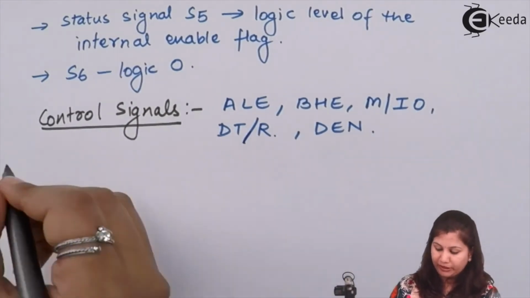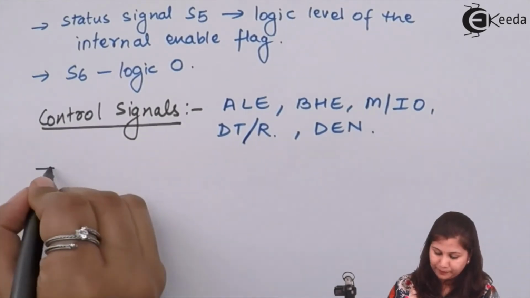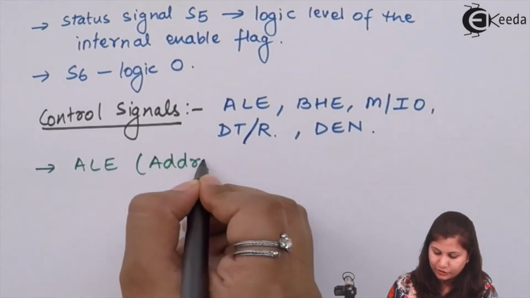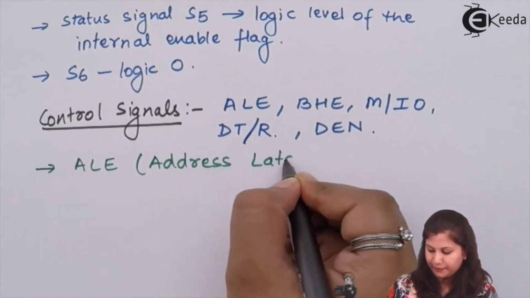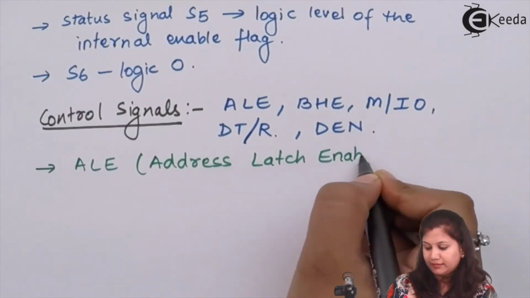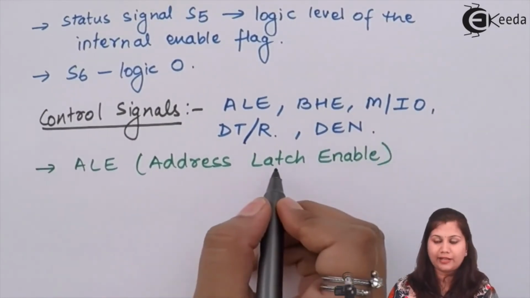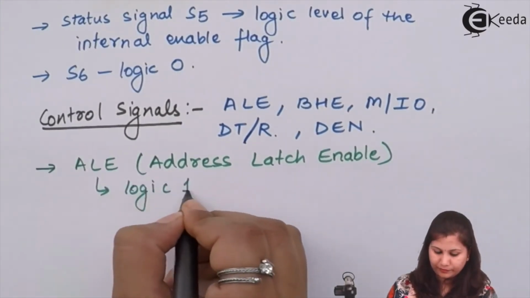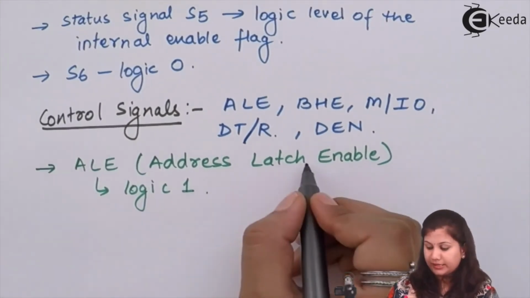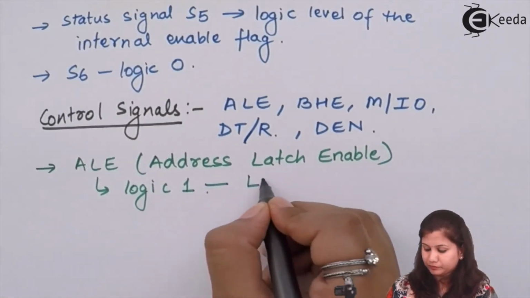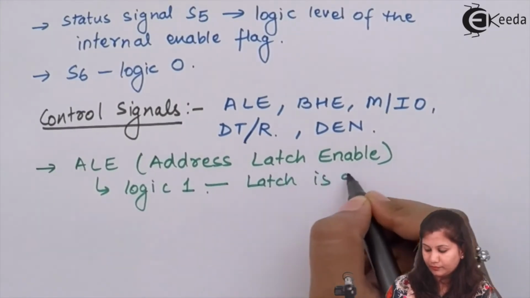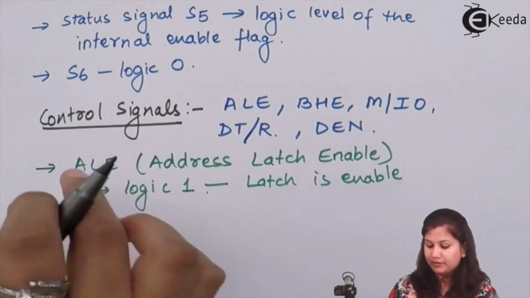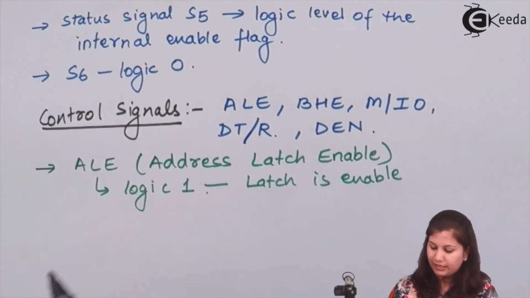First we will study about ALE. Its full form is address latch enable. So this signal is used to enable the address latch. When this signal is at logic 1, then this latch will be enabled, and on the multiplexed address and data bus, when this logic is 1, then address will be available.